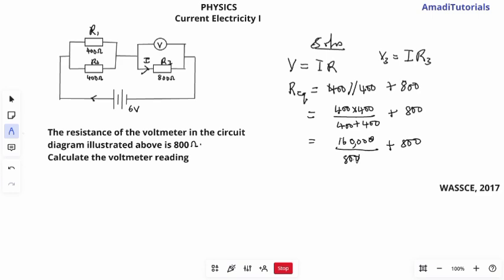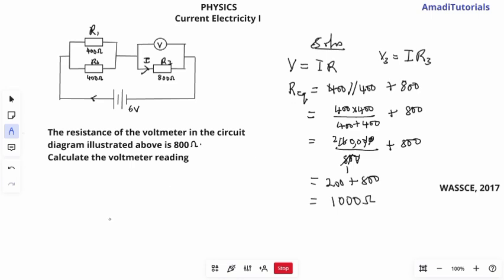So these two zeros will cancel these two zeros, 8 will cancel itself, 16 divided by 8 is 2, and 2 times the two zeros will give you 200. So you're left with 200 plus 800. So your equivalent resistance is 1000 ohms.